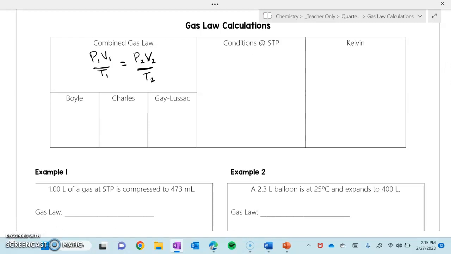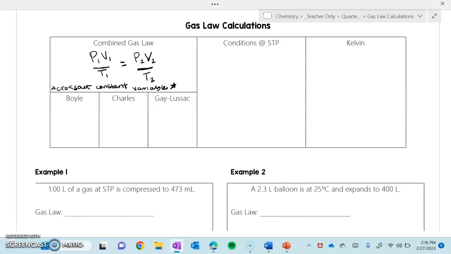So when we're working with the combined gas law, in order to get any of the individual gas laws, all you need to do is cross out the variable that is held constant. Cross out the constant variable. For Boyle's law, we know that the constant variable there is temperature.